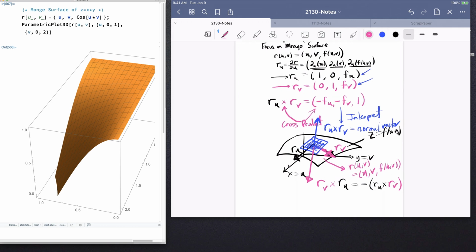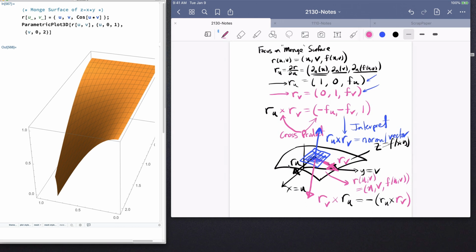So if you have any function z is equal to f of x, y, we can compute the partial derivative of r with respect to u, the partial of r with respect to v, compute their cross product, and that cross product is a vector that is perpendicular to the surface.